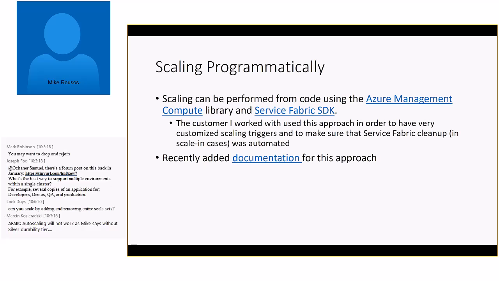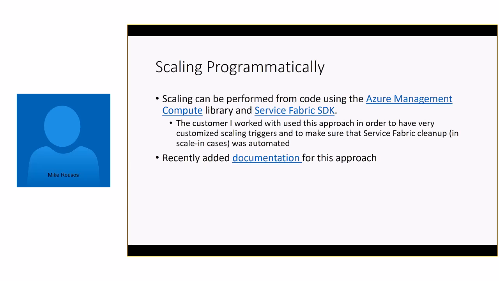The other thing that was a little bit problematic for them was that they wanted this to be entirely automated, so that after a scale-in operation happened and instances were removed from their scale set, the Service Fabric cluster would also update and remove those node states, so that they didn't have these ghost nodes hanging around looking like they were down, when they had actually been removed.